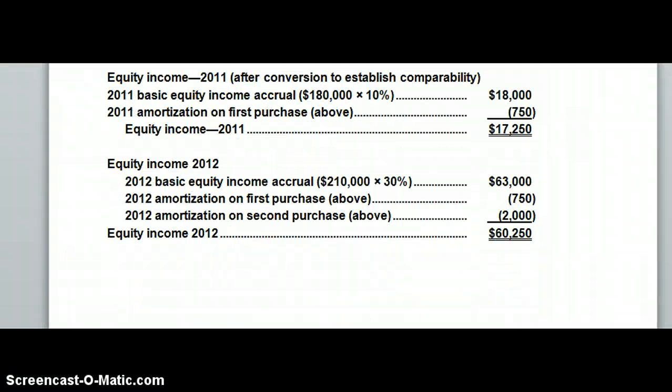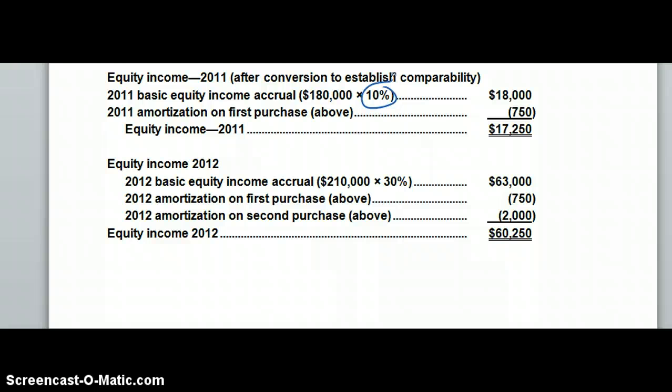If the equity income method were used initially from 2011, before it became an equity method purchase, we would have reported $18,000 as our share of their net income, so $18,000 being 10% of earnings, less amortization on the first purchase above book value of $750.